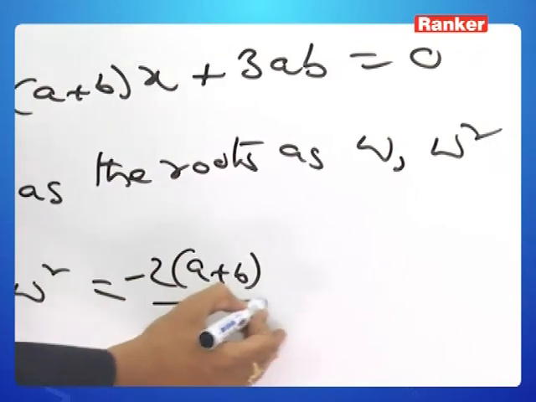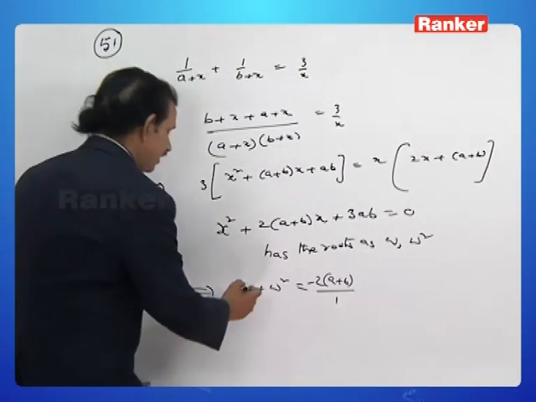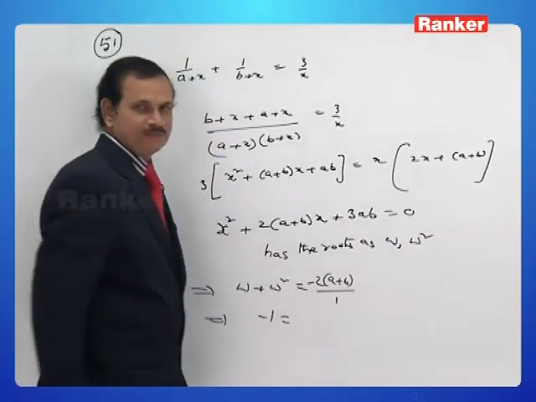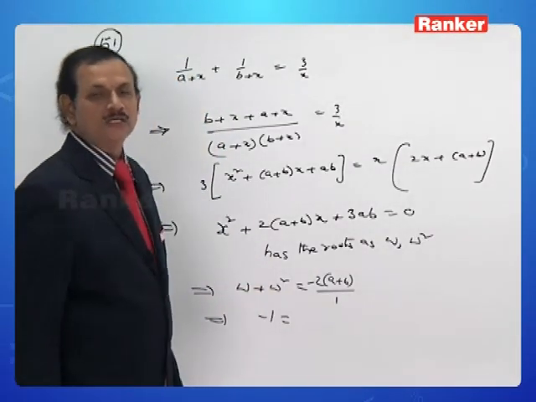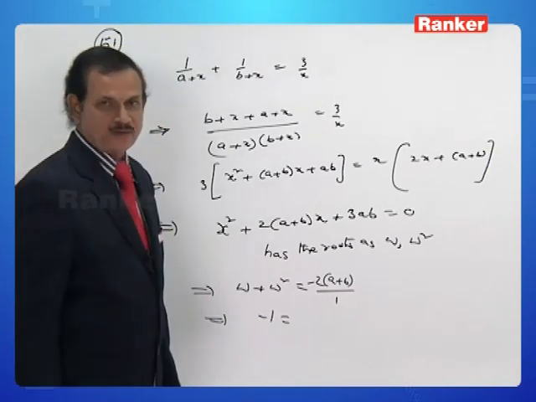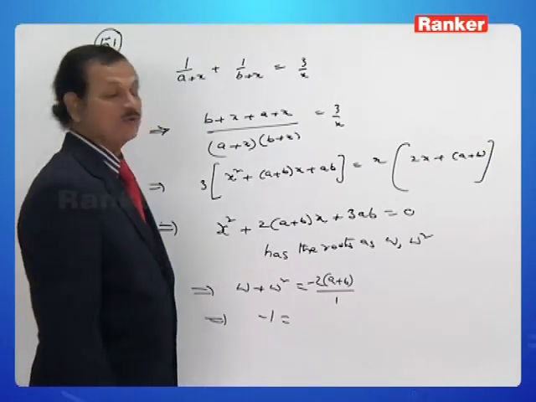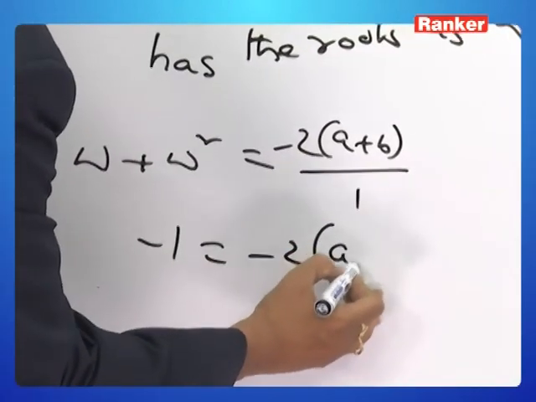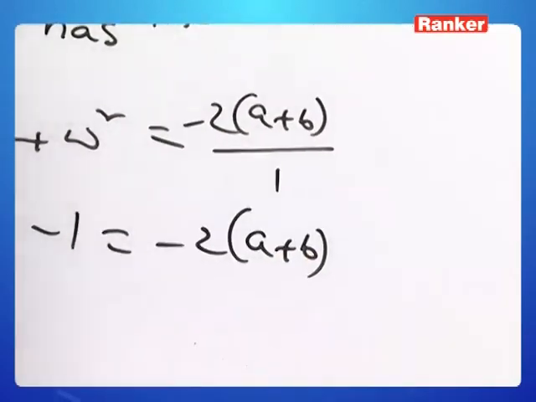minus b by a. But you see, omega plus omega square is minus 1, as we know from the properties of cube roots of unity. 1 plus omega plus omega square is 0, rather omega plus omega square is minus 1. Minus 1 is equal to minus 2 into (a + b).